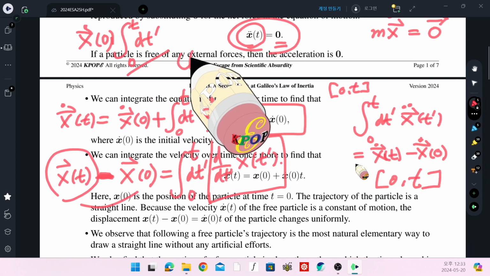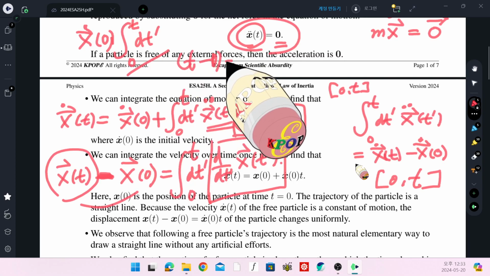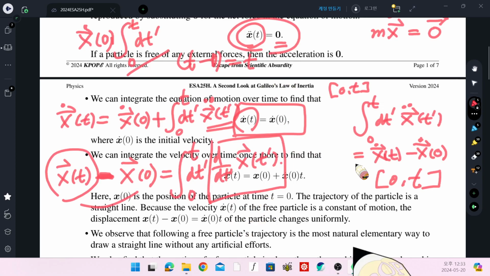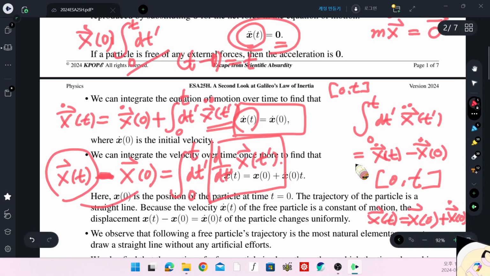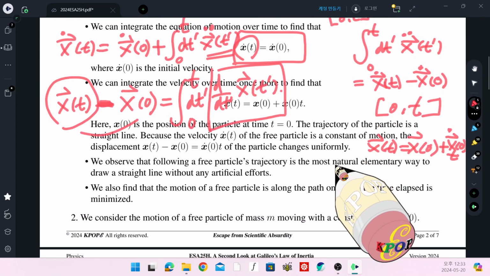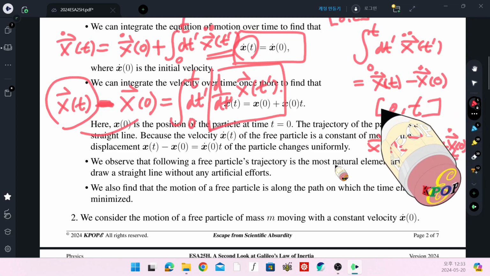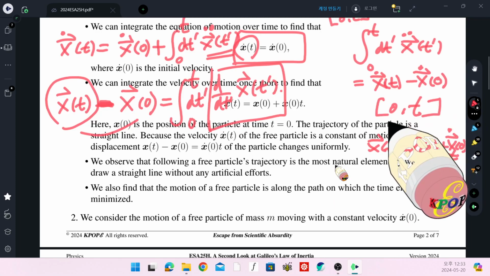This is nothing but t minus 0, so that is t. So the position of the particle is the position at t equals 0 plus the uniform velocity, evaluated at any time, for convenience I have chosen t equals 0, multiplied by the time interval. This elapsed time is t, so vt.